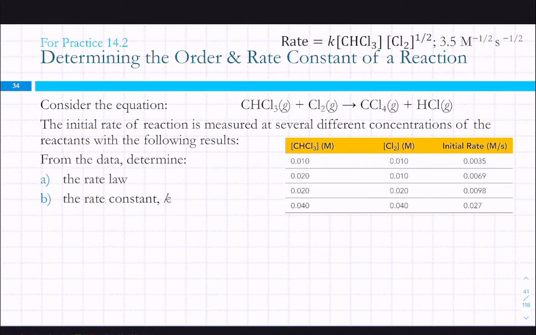So you can do that with this first one. Our concentration of trichloromethane doubles. So we can write in here that that's 2 times. So how much does that change by?